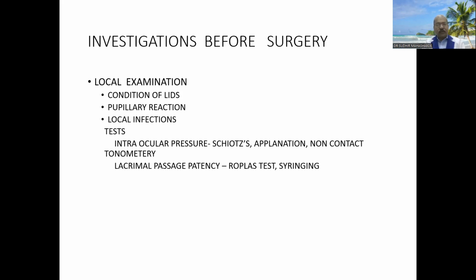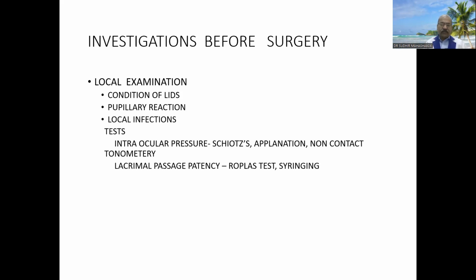We apply pressure near the medial canthus, over the lacrimal sac, and if there is a regurgitation of mucoid or mucopurulent fluid or watery fluid, then that indicates the patient has coexisting chronic dacryocystitis. If at that stage, without bothering about the chronic dacryocystitis, someone goes ahead with the cataract surgery, it is sure that the patient will develop a severe panophthalmitis or endophthalmitis because of infection entering inside the eye.